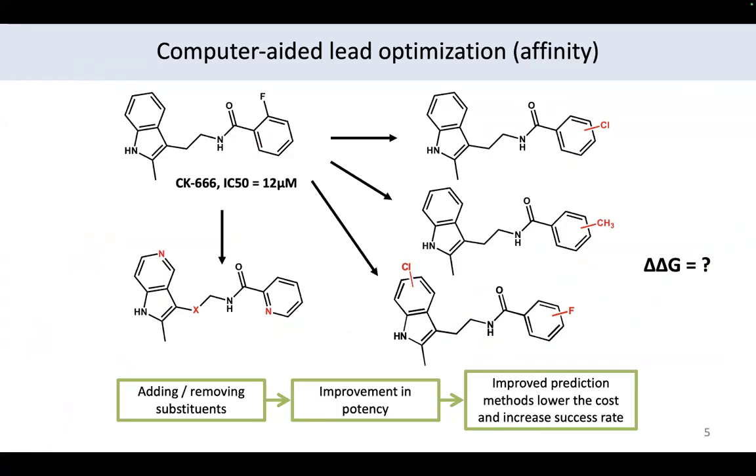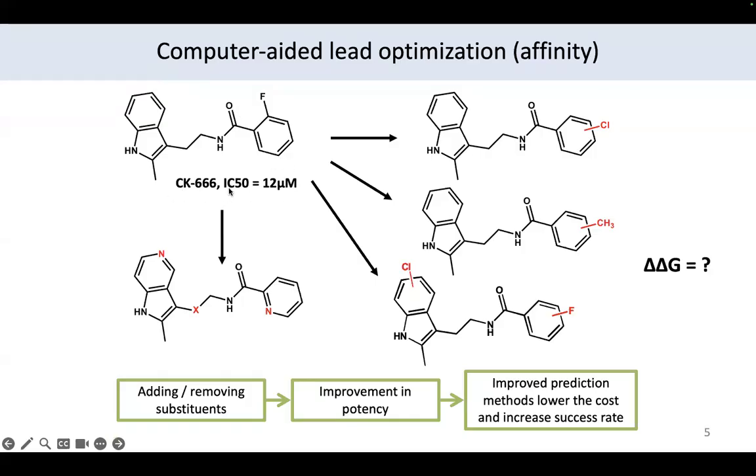In other words, if I have a molecule that has a potency, let's say this is an IC50 concentration, this IC50 means the concentration of the molecule that is required to bring down the activity of the target by 50%.